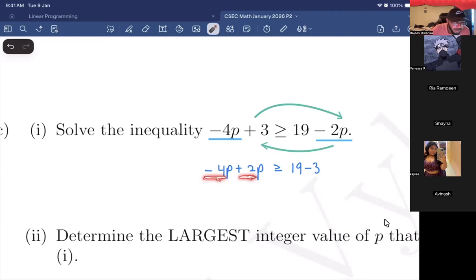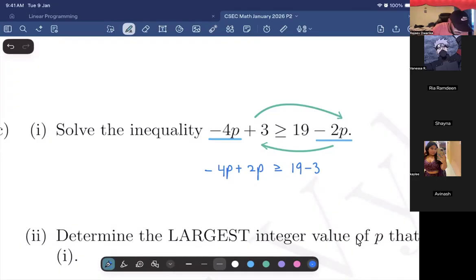You still owe $2. Is that positive 2 or negative 2 if you're owing somebody money? Negative 2. So it's going to be negative 2p.